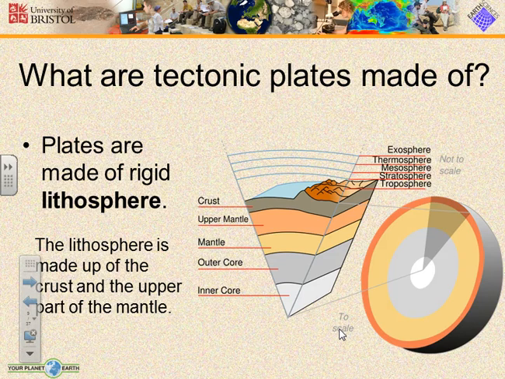And the lithosphere is made up of the crust, both oceanic and continental, and that upper part of the mantle. That is actually what moves during plate tectonics and during an earthquake.